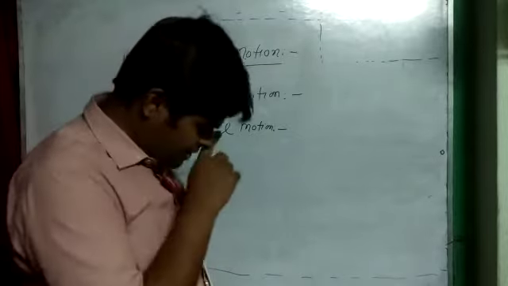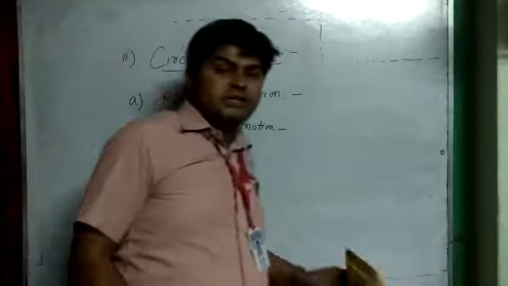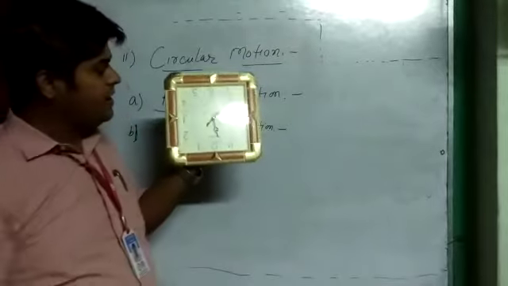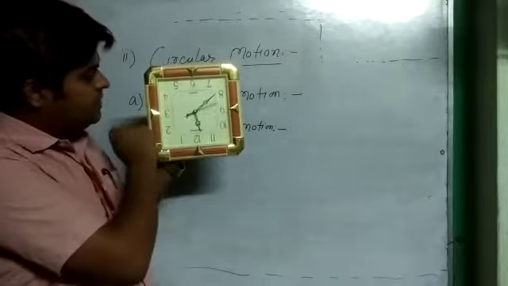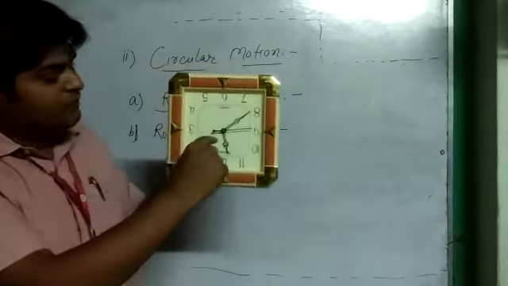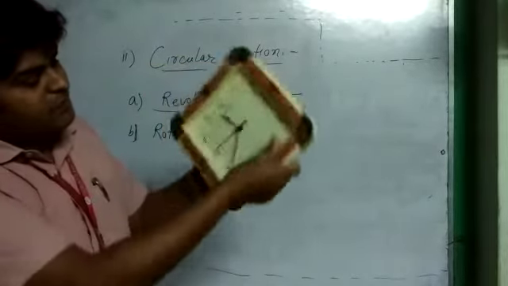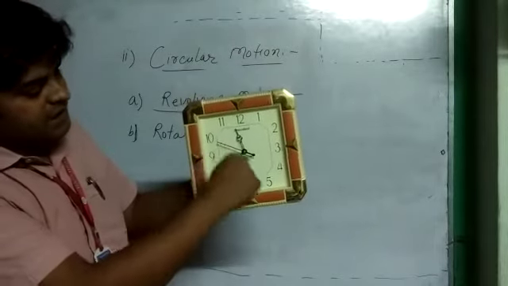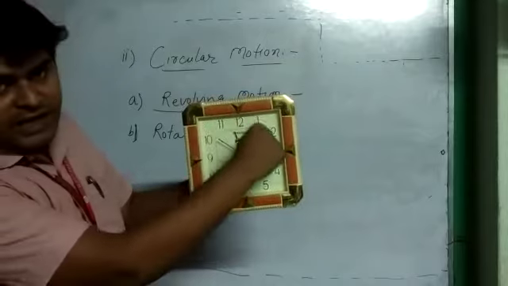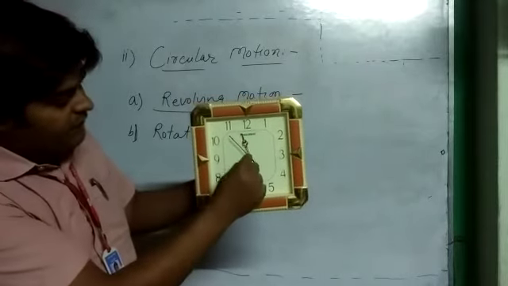As for example, see this clock and watch the movement of the second hand. It moves in a circular path from a fixed point.